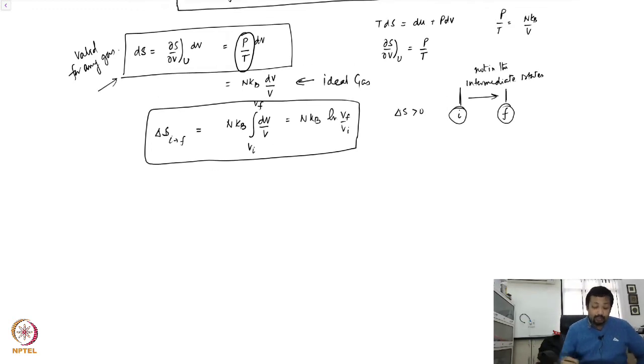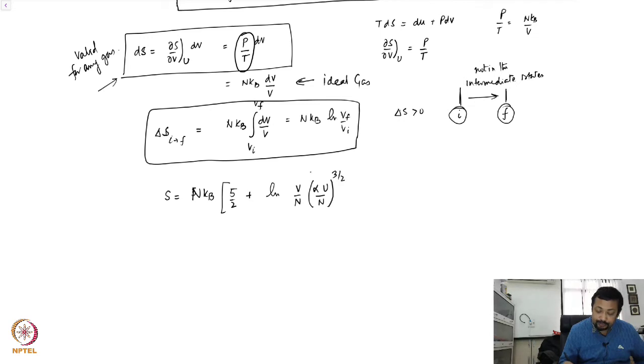Now recall, for an ideal gas, the entropy had this expression: S = NkB [5/2 + ln((V/N)(αU/N)^(3/2))].